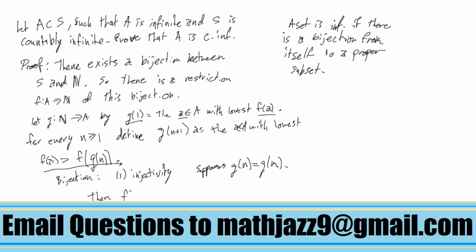Well, that means that f of g of n equals f of g of m, and f is injective because it's a restriction of a bijection.